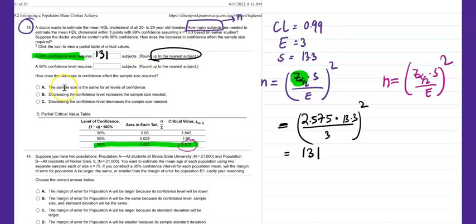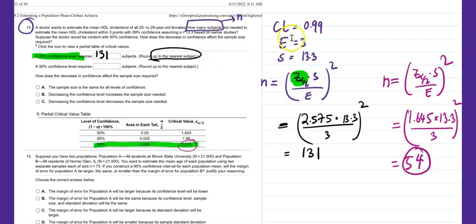But for the second time, he wants to estimate with the 90% confidence level. So for the 90% confidence level, the critical value is going to be 1.645. So 1.645 times 13.3 divided by 3, squared. If you do everything in the calculator and round up to the nearest integer, you're going to get 54.